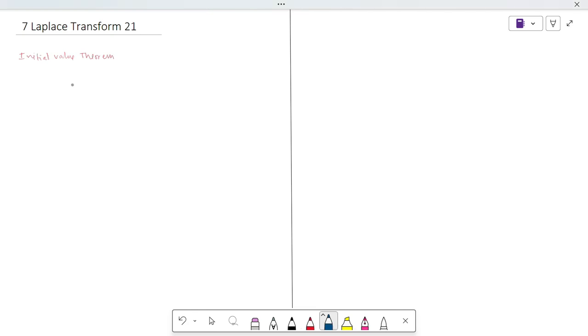For example, say x of t is a continuous time signal.